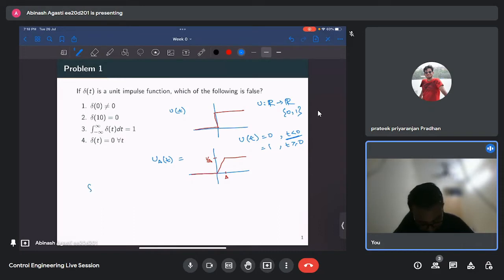So now we define delta t as d by dt of u delta t, in the limit delta goes to 0. We can see that as the limit goes to 0, the slope will be increasing more and more steeply. So in the limit, we denote the delta t function by an arrow with value 1, and the value 1 denotes the area under the integral.